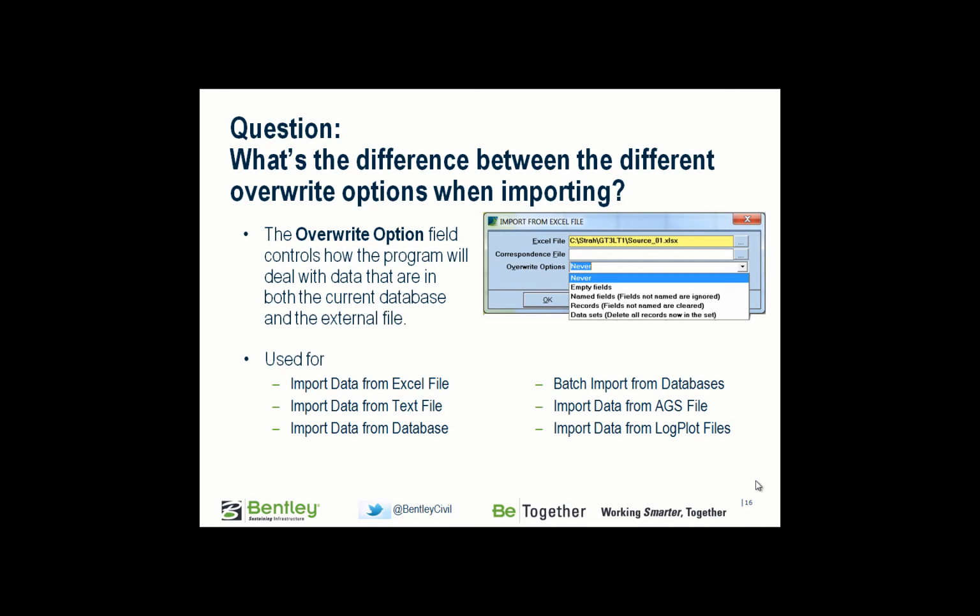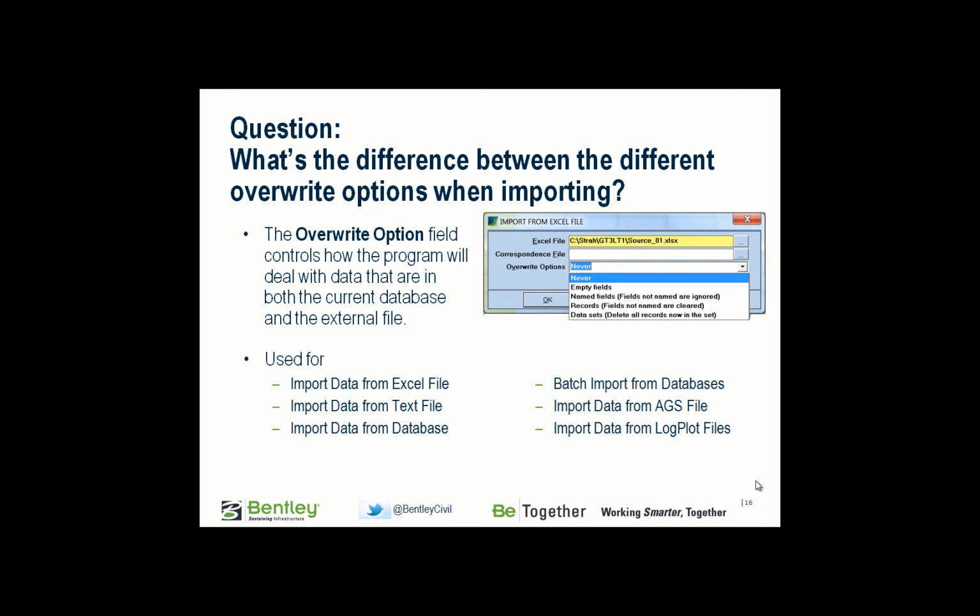Importing from other databases: if two companies that are gINT users exchange data, for example, they both save their data in databases, and that can be imported from one database to another. Then batch import from multiple databases. An example would be if one company wants to consolidate multiple projects in one project, especially in Professional Plus, then they can do a batch import of their legacy databases.